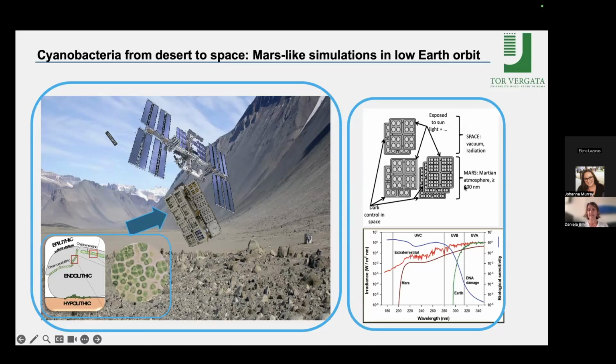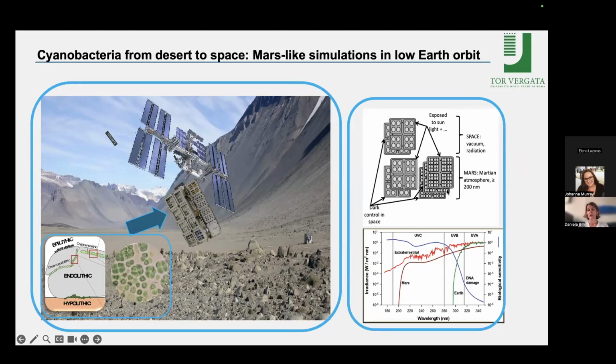And then this facility can be prepared to simulate Mars conditions, because we can put inside on Earth CO2, mimicking the Martian atmosphere at the Martian pressure, so 600, 800 Pascal.